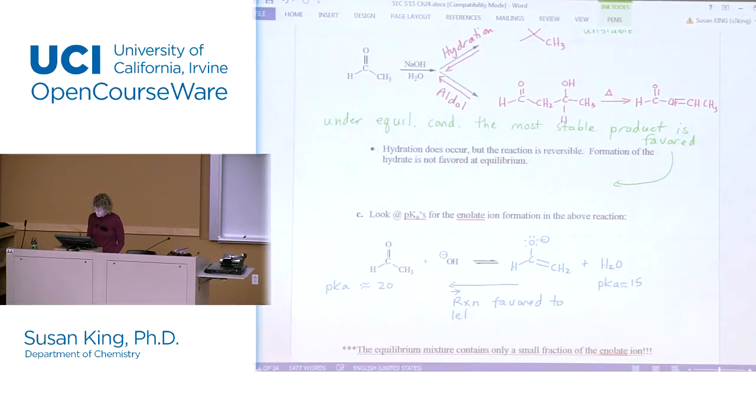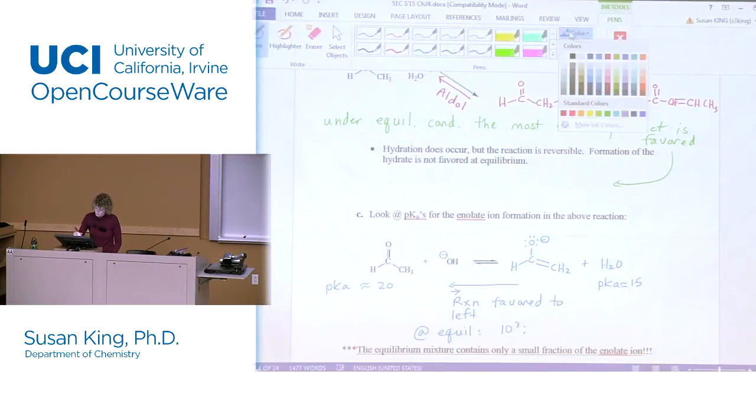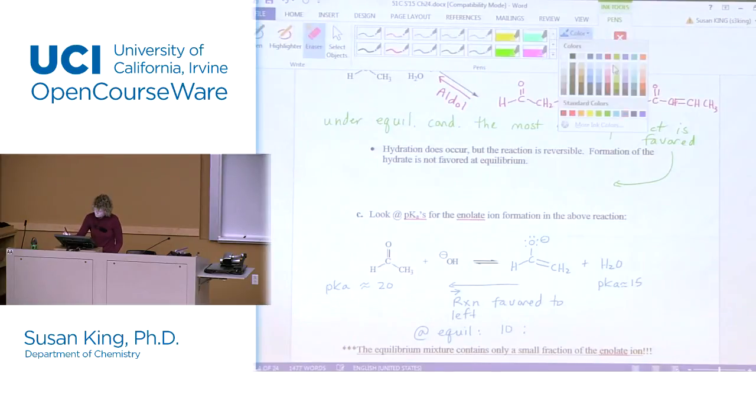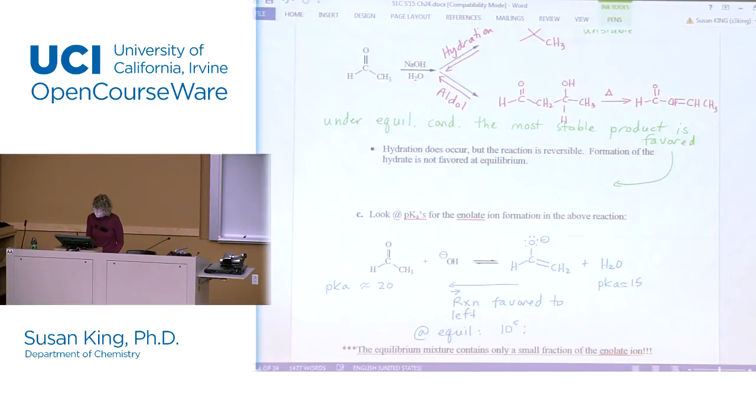At equilibrium we have 10 to the fifth to 1. So the equilibrium only contains a small amount of the enolate.